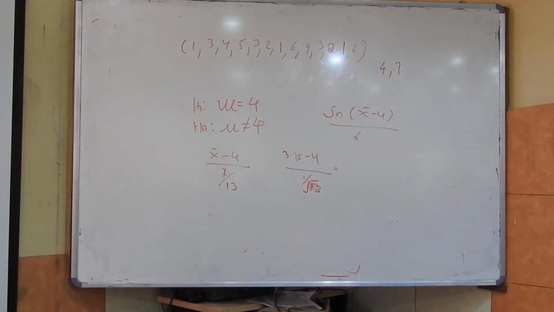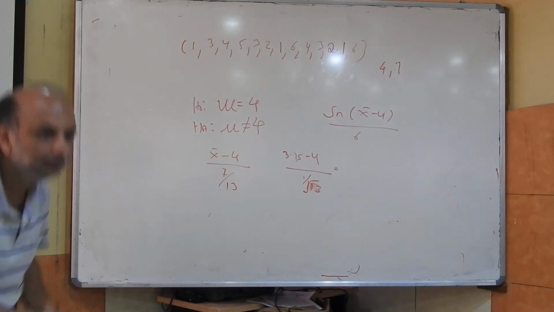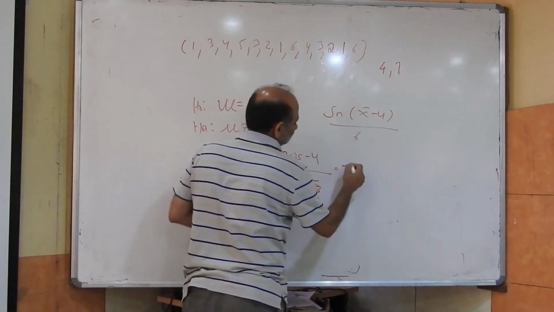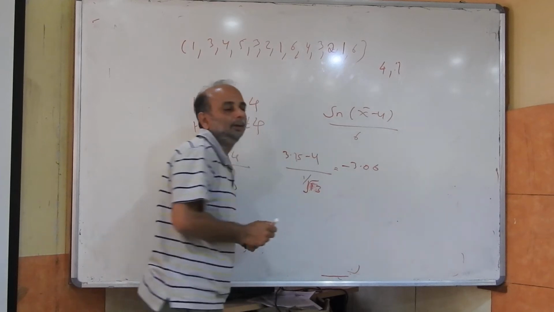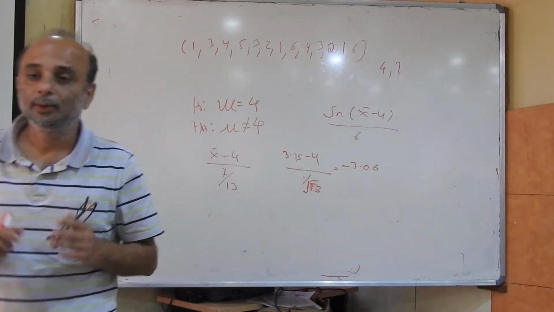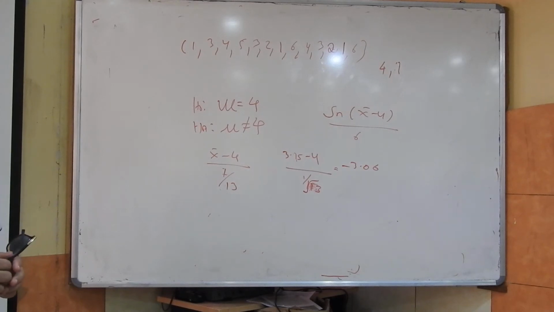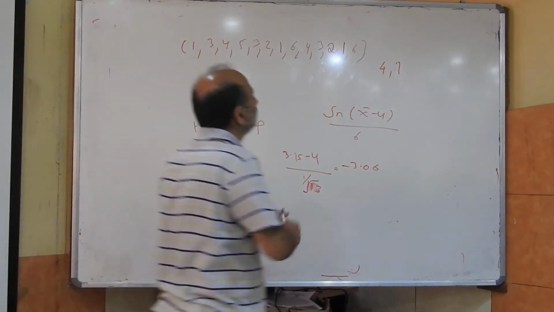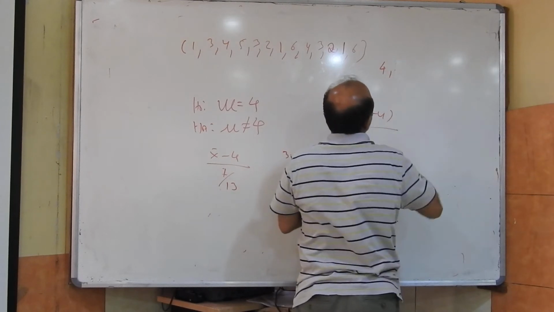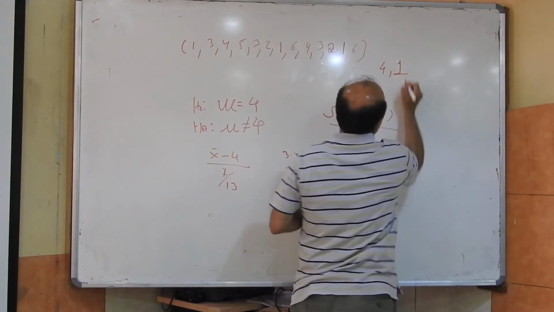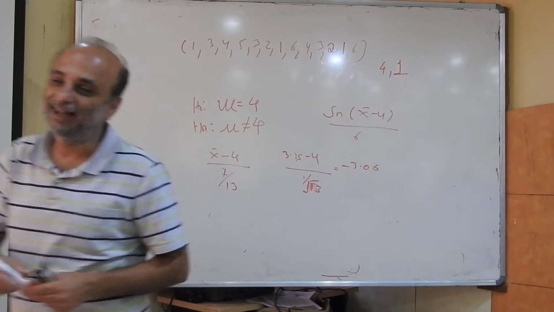So what do you get? Minus 3.06 or 3.1. Sorry, the denominator is 1 upon root 13, because the standard deviation is 1. I thought it was 7.